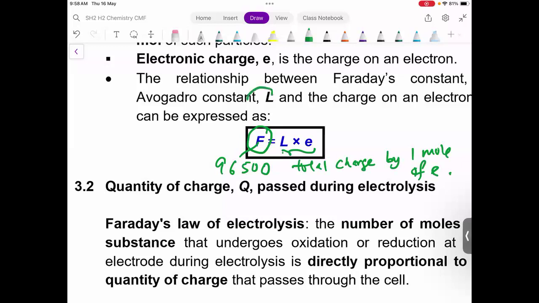L is your Avogadro's number, 6.02 times 10 power 23. You don't need to memorize this. You can get it from the data booklet. This one can also be obtained from the data booklet.